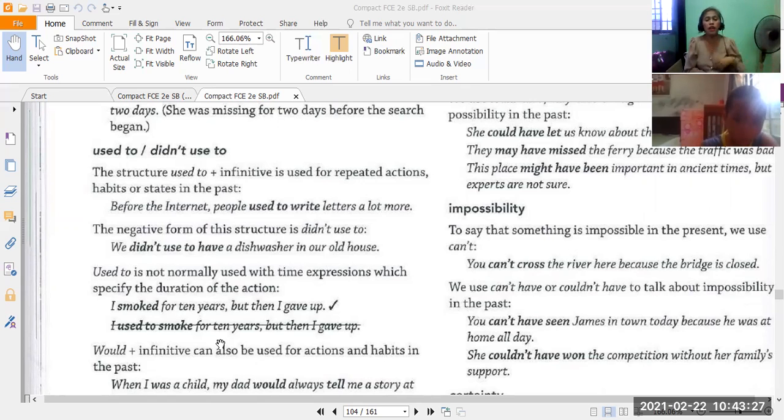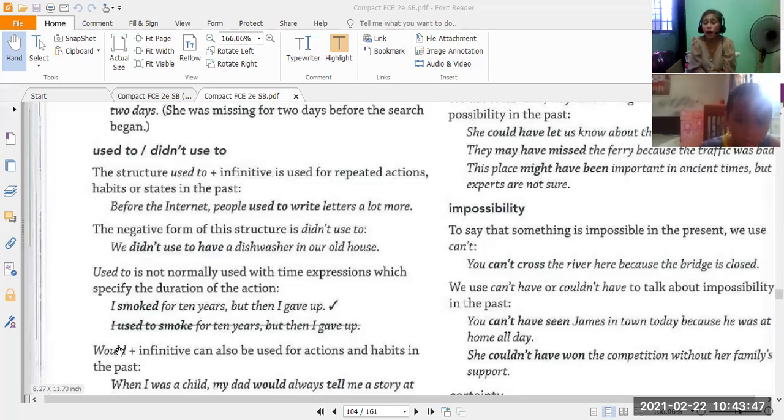Or you can say I used to smoke, but then I gave up. Please don't use a time expression like 10 years together with used to. It's not correct, so be mindful of that.